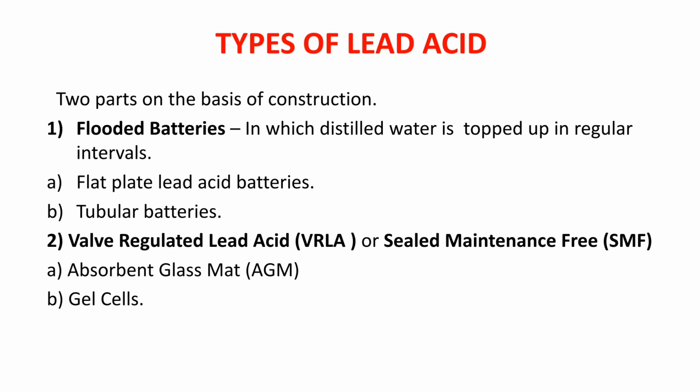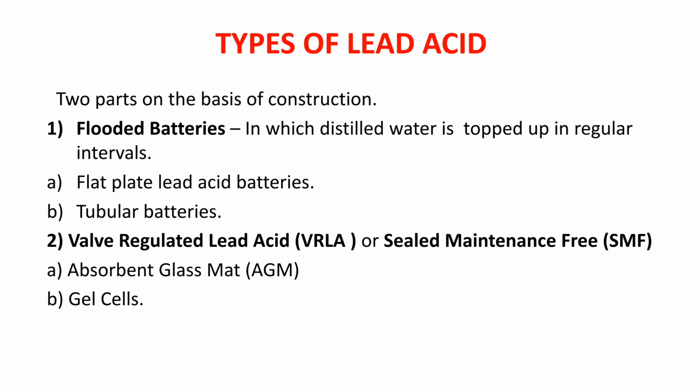Now friends, coming to the types of lead acid batteries, they are of 2 types on the basis of construction and maintenance required. First is flooded batteries or wet cell batteries, which require regular topping of water to maintain the electrolyte. The second one is valve regulated lead acid batteries or VRLA batteries, which are also called sealed maintenance free batteries, which means they are sealed and don't require any water topping.